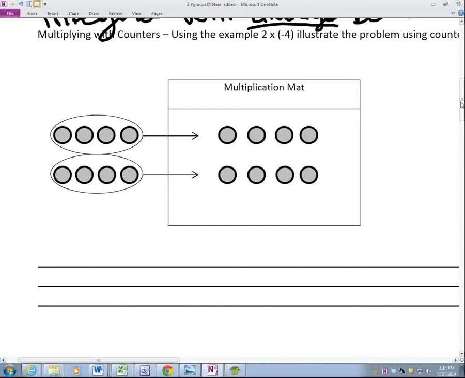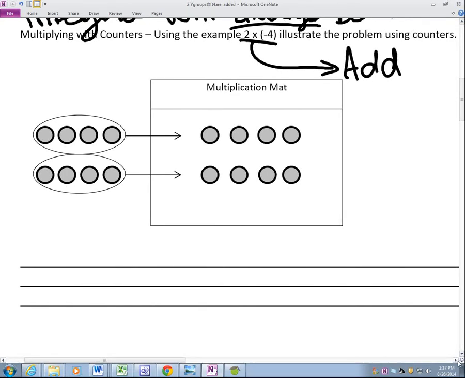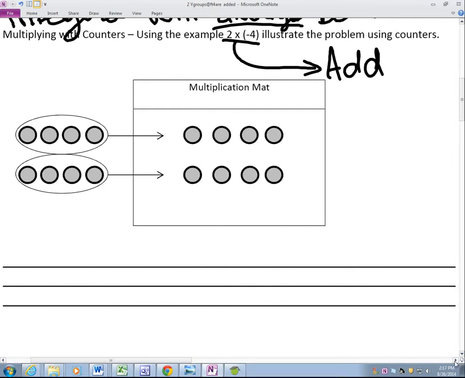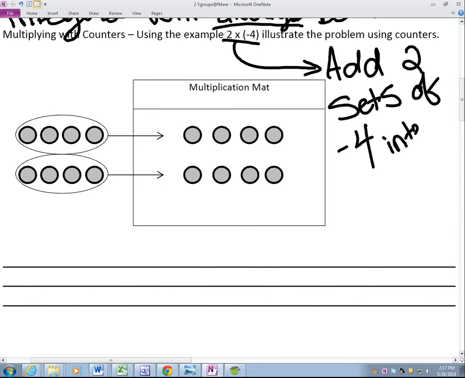That's 2 positive integers. Now let's go with 1 positive and 1 negative integer. So here's the story about these 2. Because this first 2 is a positive integer, you are going to add 2 sets of -4 integers.